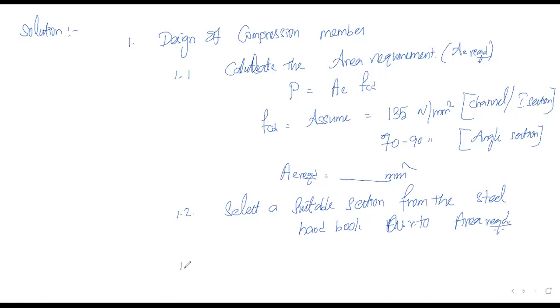Next, 1.3, check the design strength of the member. Whatever the section we have chosen now, for that we have to check the design strength of the member. So design strength is nothing but PD. For that the check is P should be less than PD. PD is nothing but AE into FCD.